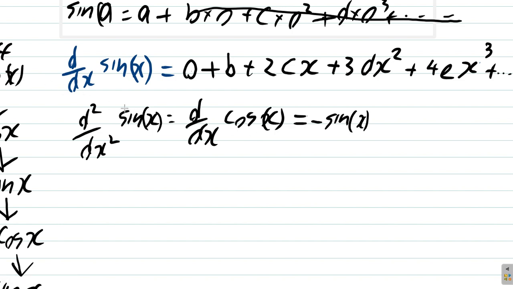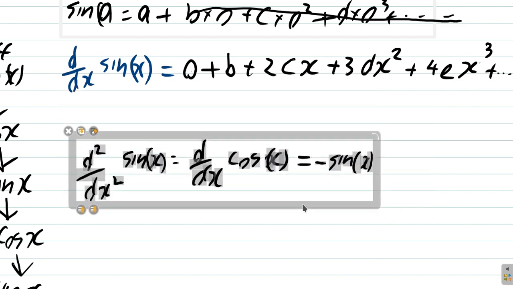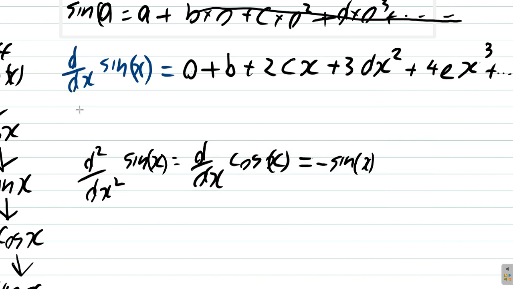So what we had, let's not leave it out. Let's put it further down here. We have d by dx of sine x is equal to cosine x. Right? So d squared by dx squared of sine x would be d by dx of cos, which is negative sine. Now, d by dx of sine x is cos x.